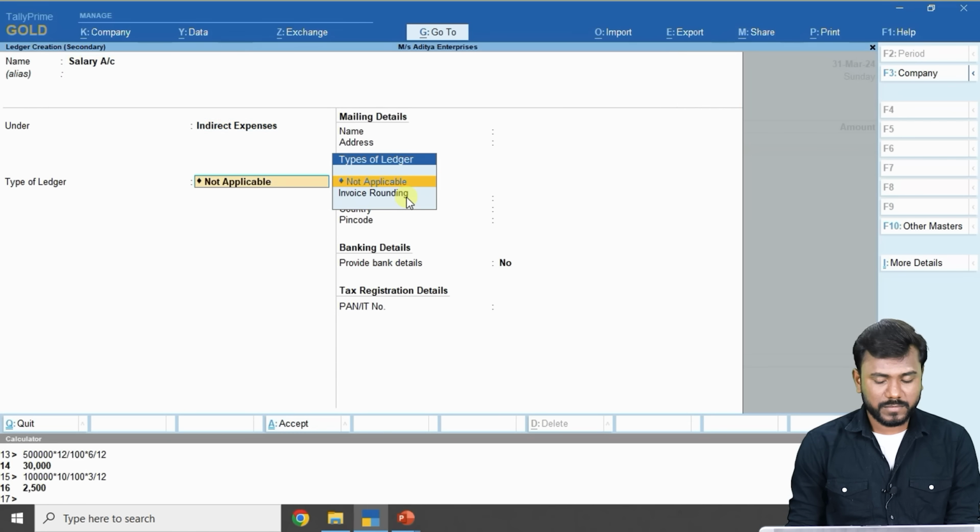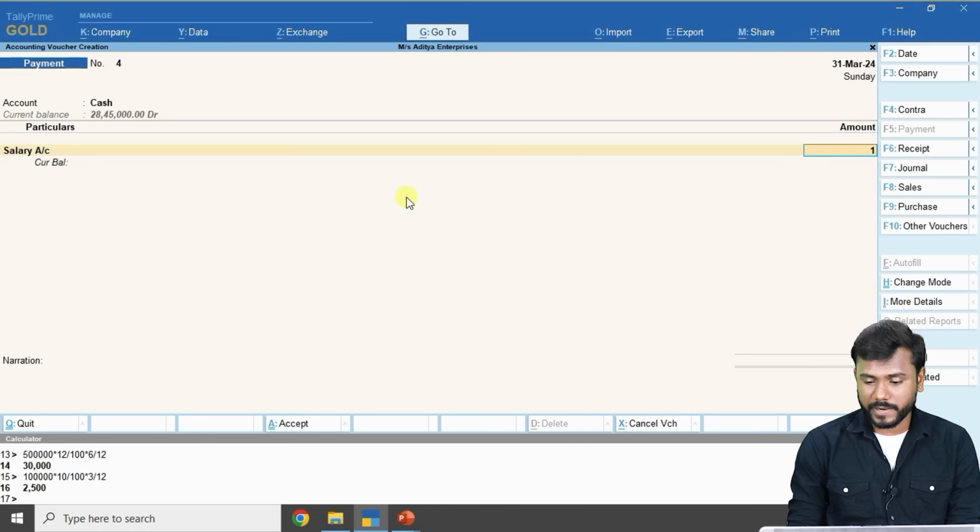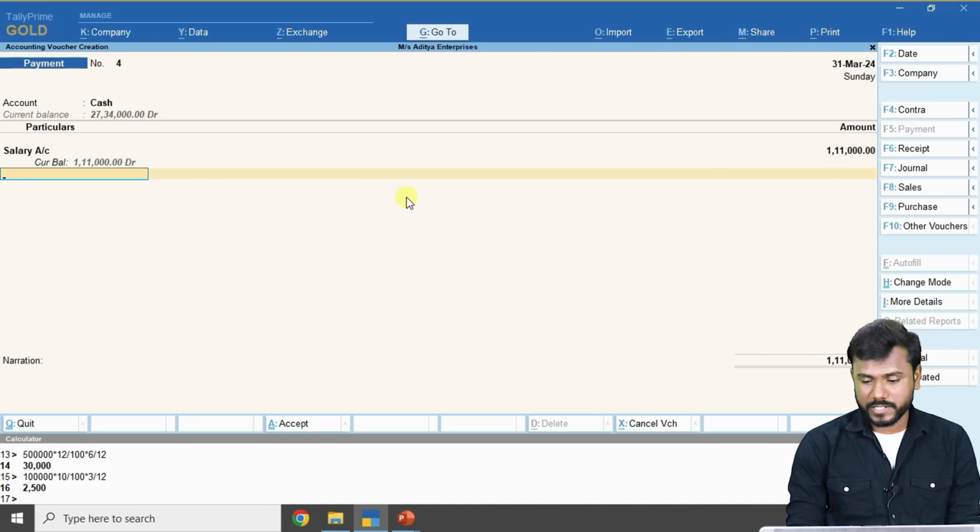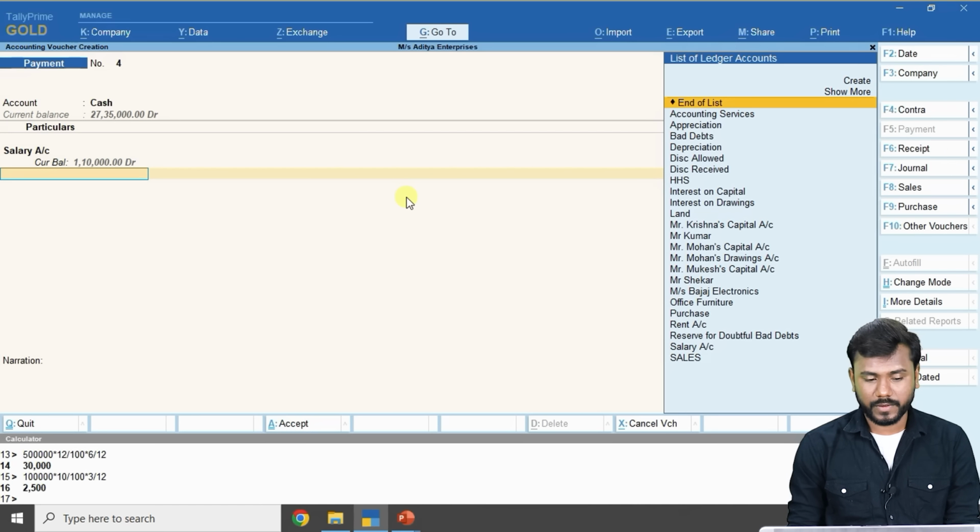Next, again cash to salaries paid. Salaries account comes under indirect expenses. Salaries paid 1,10,000. Just for example, I am going to record this as 1,10,000.